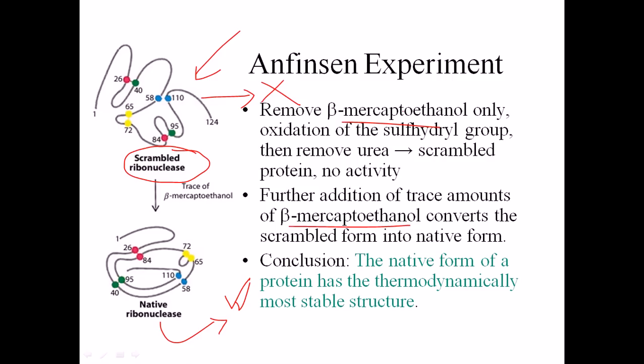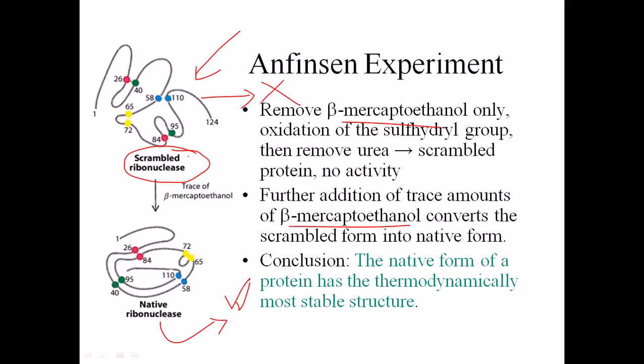Another important point in this case is that the native form of the protein has the thermodynamically most stable structure. So even if we produce a structure very similar to the native conformation, still the protein wants to go to its native structure.